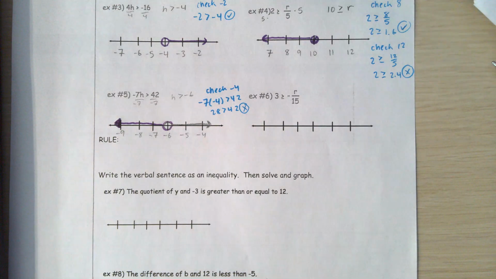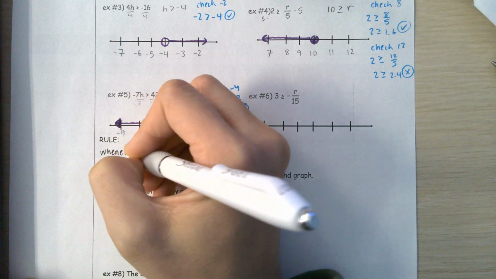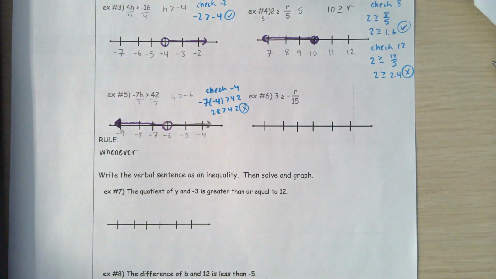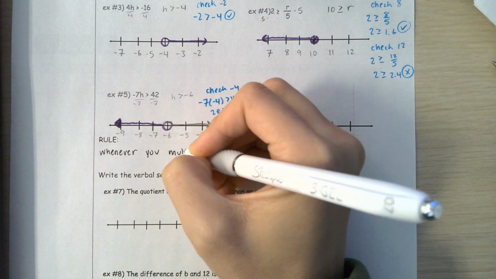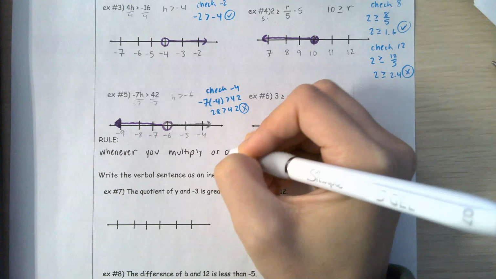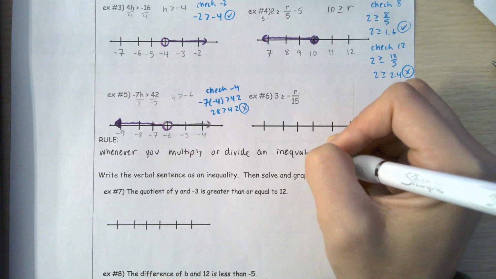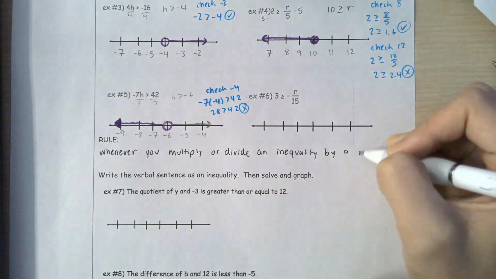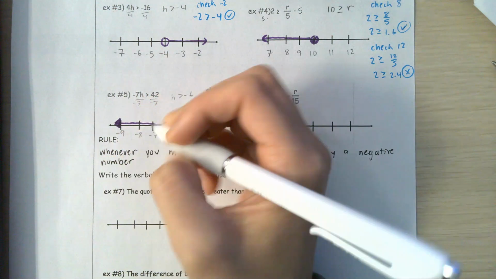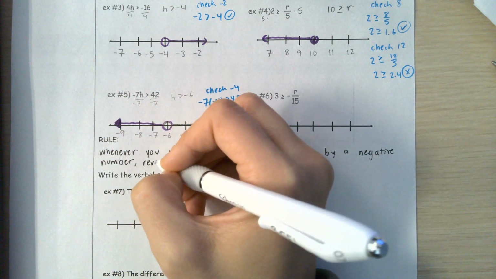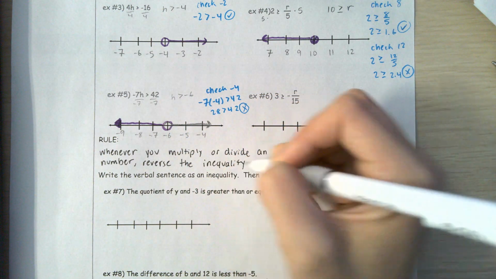So I'm going to write this rule. Whenever you multiply or divide an inequality by a negative number, reverse the inequality symbol.